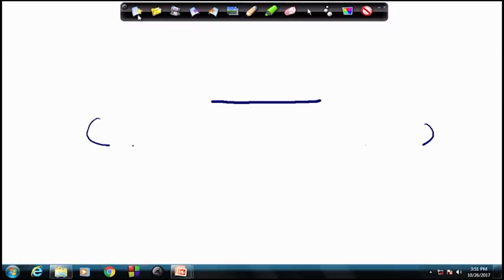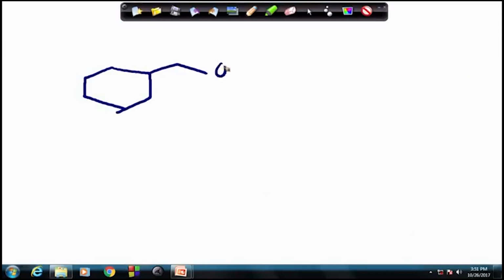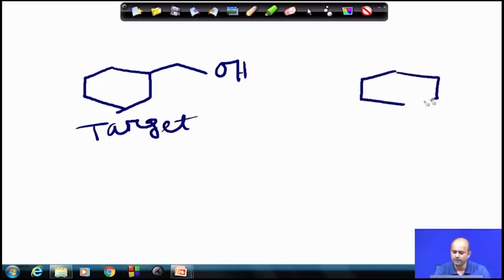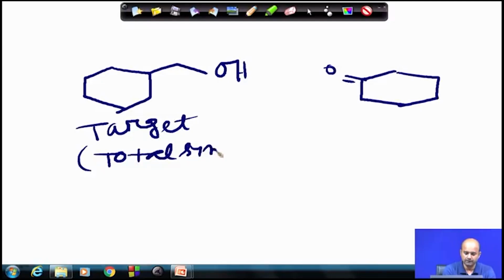Let us see a simple viable example. I said you have to make a molecule, and this is the target molecule, and this is your starting material. This is your total synthesis target, and this is your starting material.